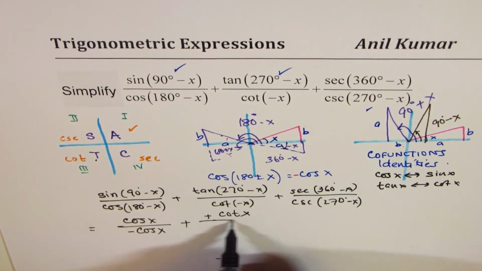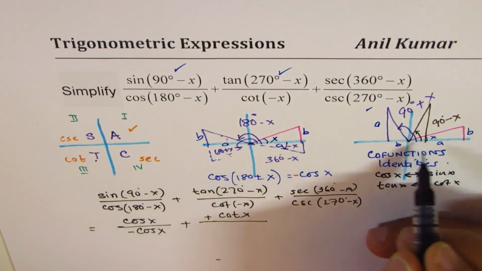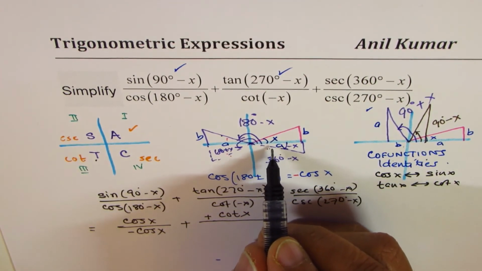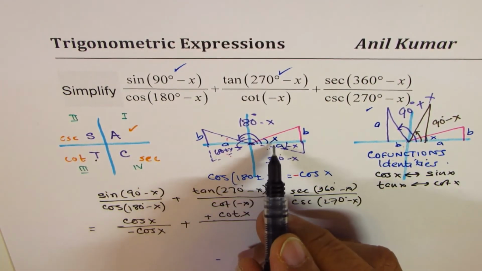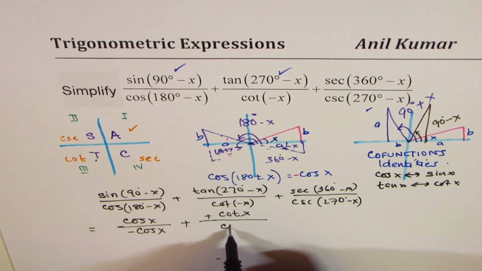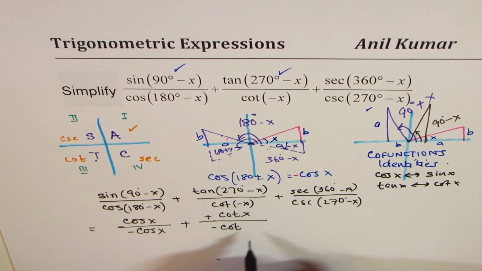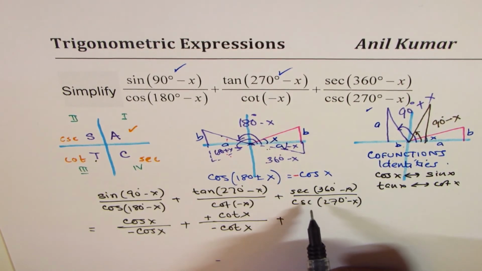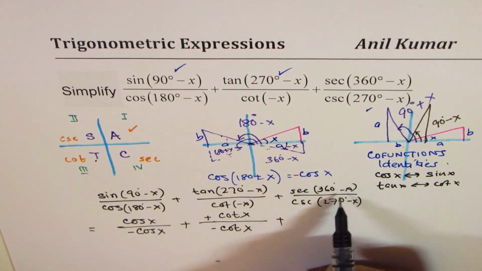Do you see that? Okay. Cot minus x means you are in this quadrant now. Perfect. Cot remains cot. It's like 360 minus. So it is still cot. However, it becomes negative.